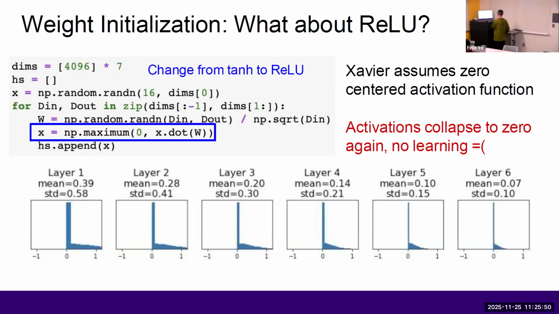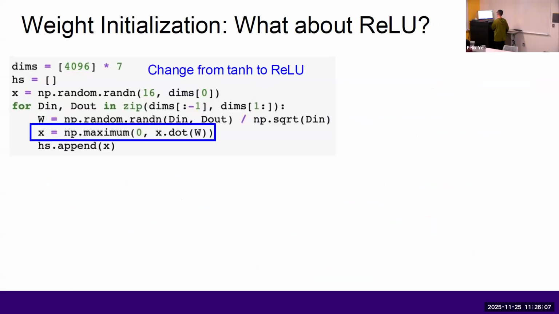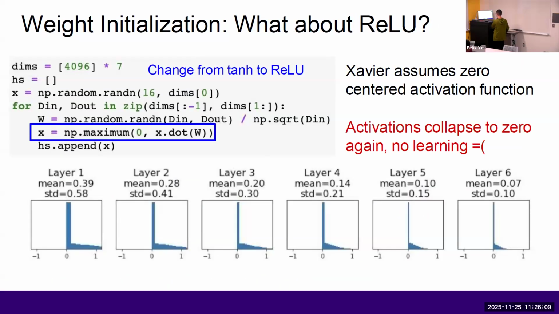We have this assumption that everything is Gaussian. Start with Gaussians, and after we output, it will still be Gaussian, because a linear combination of Gaussians is still Gaussian. But this is not true for ReLU, because ReLU makes everything non-active.